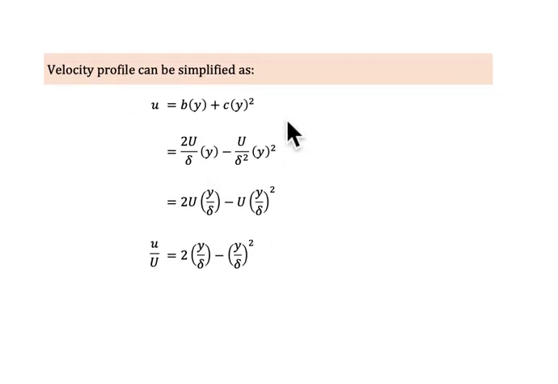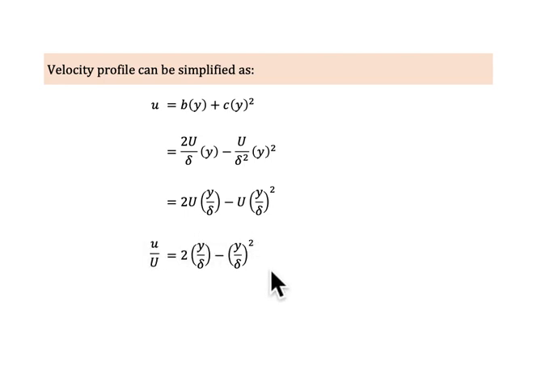Then we could solve our polynomial equation. The basic equation is u equal by plus cy squared. We know the value of b and the value of c, so we substitute them in this equation. Finally, we could simplify it as u over U equal to 2 y over delta minus y over delta squared.